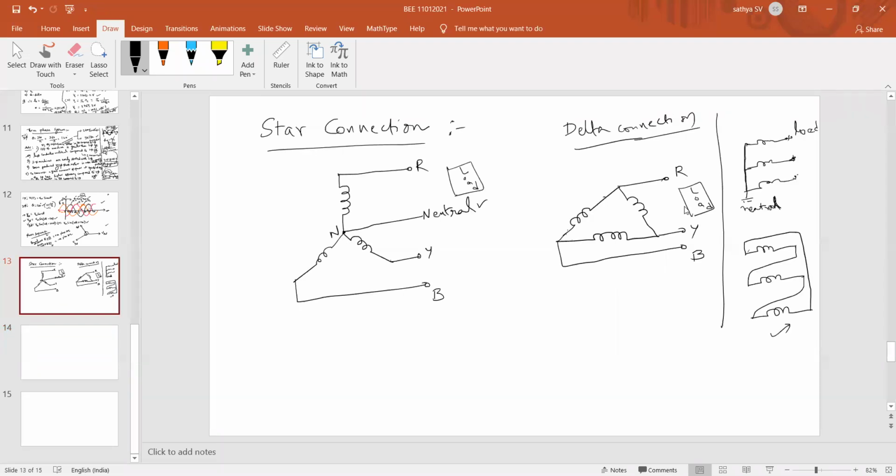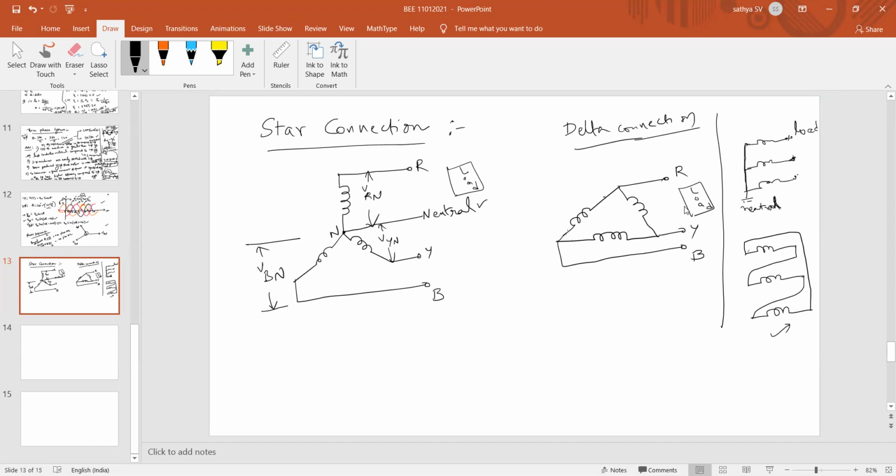See, in these two, if you want to measure the voltage, shall I mention it as VRN between R phase and neutral, and here between neutral and Y, shall I mention it as VYN, and between N and B, shall I measure that as VBN.